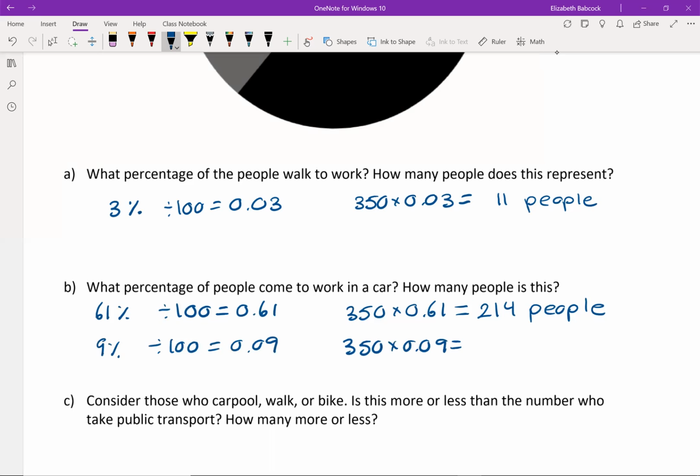If you do that on your calculator, because I did not do that part in my notes, you get approximately 32 people. So altogether, you get 246 people come to work in a car.